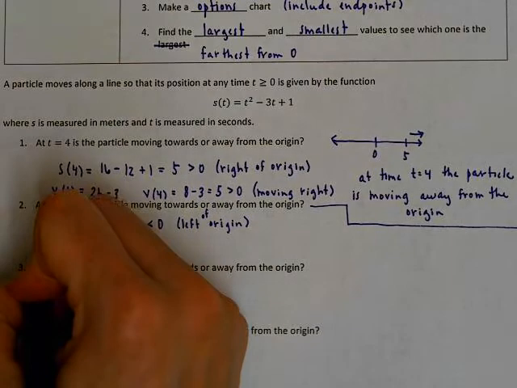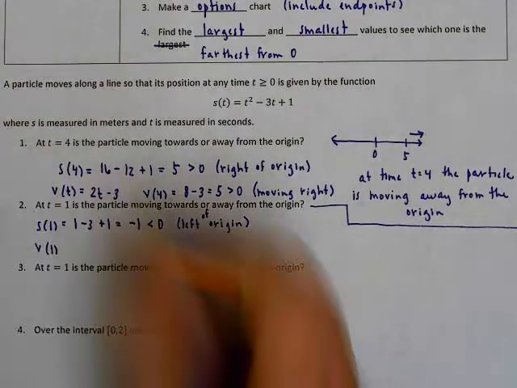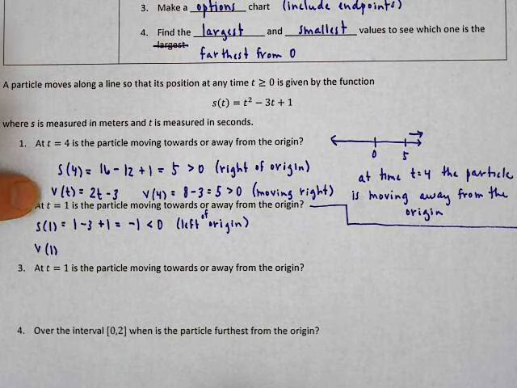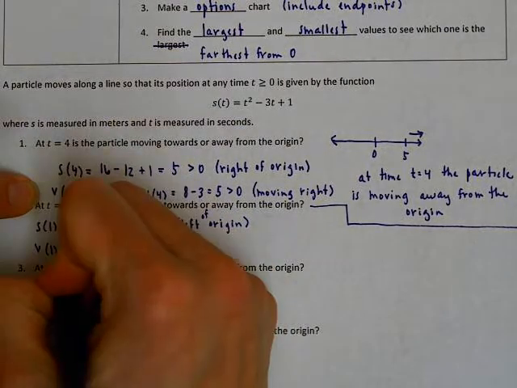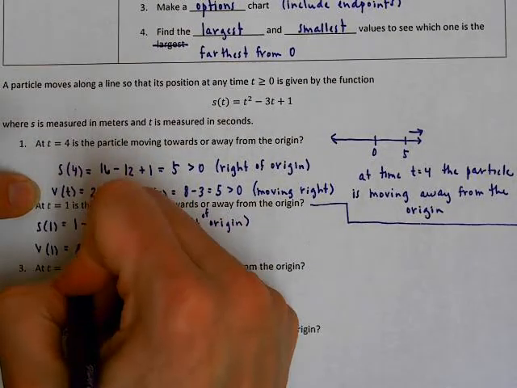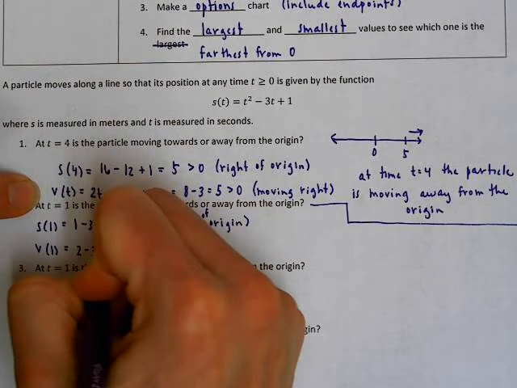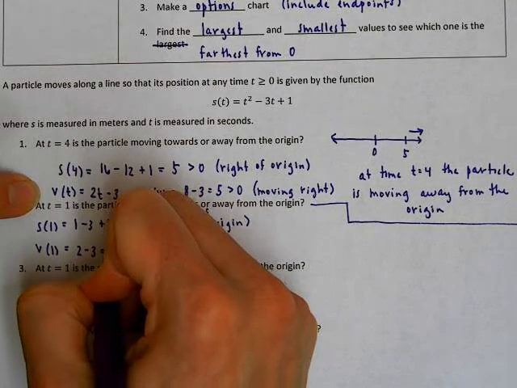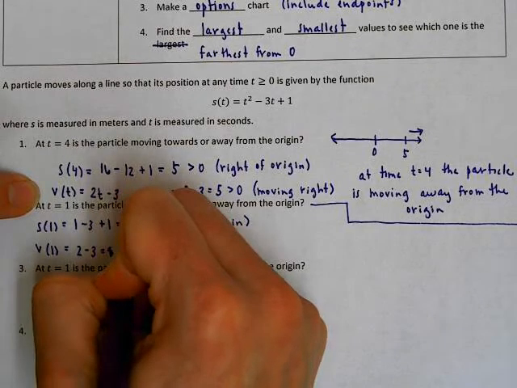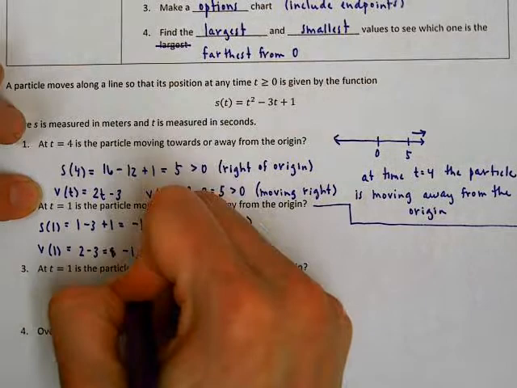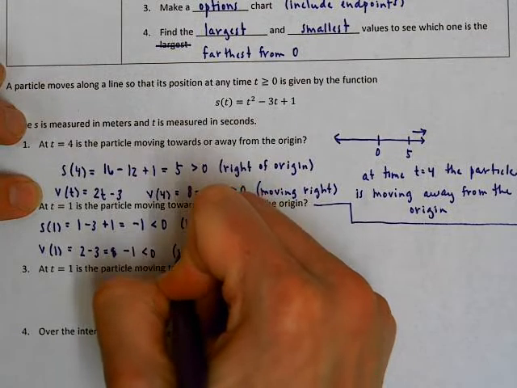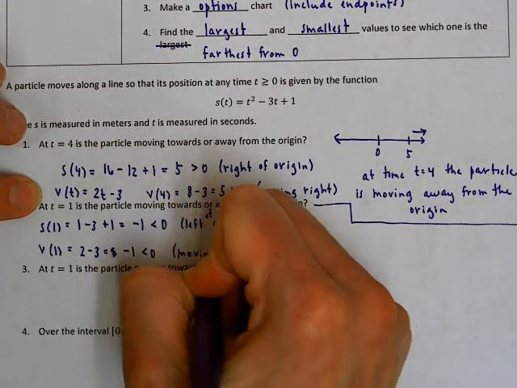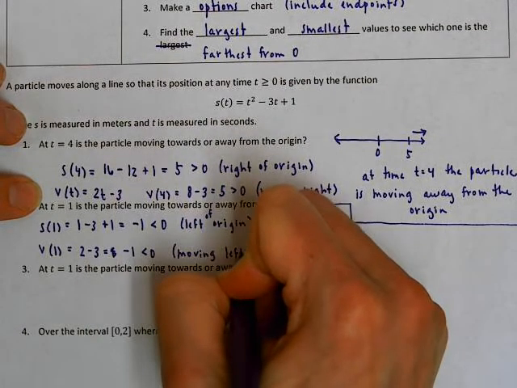And if I look at my velocity at time 1, well, my velocity was 2t minus 3. So 2 times 1 is 2, minus 3 is negative 1, which is also less than 0. So I am moving left.